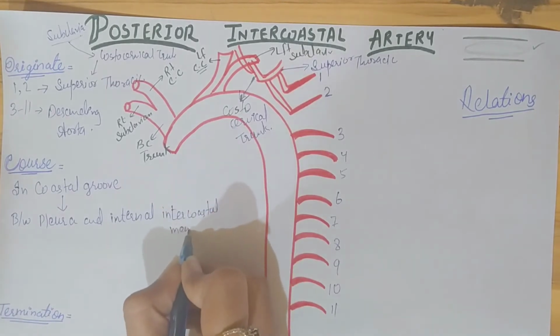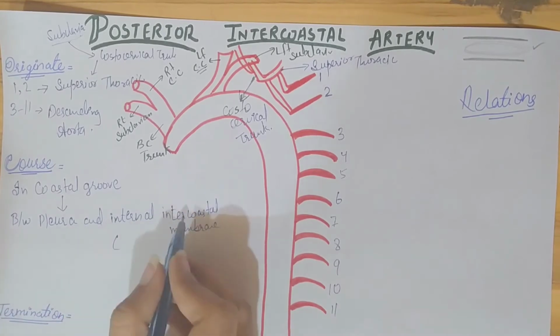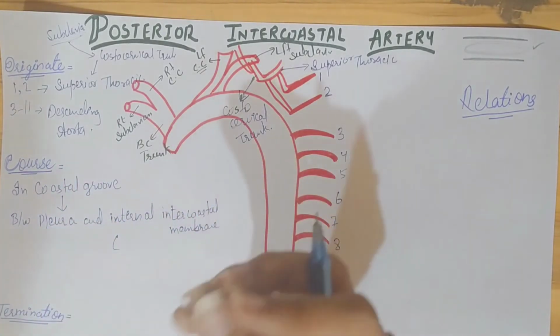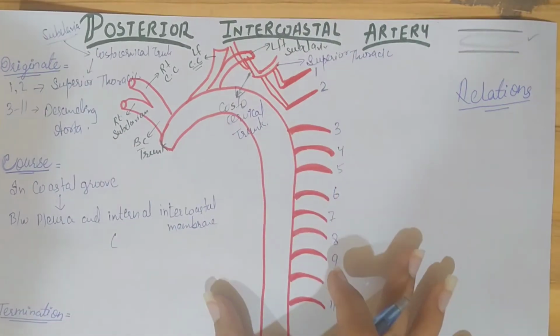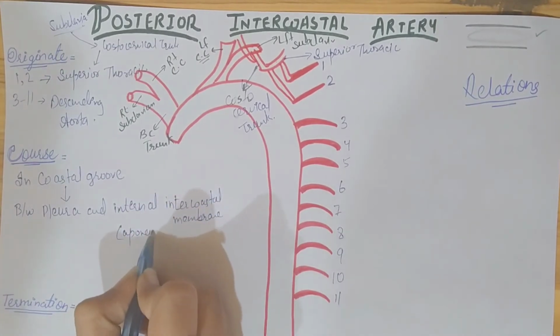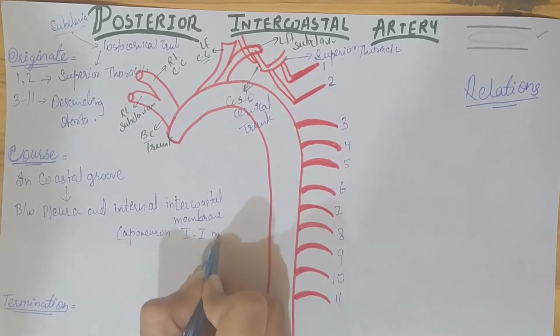At the angle of the rib, the internal intercostal muscle gives the aponeurosis and becomes flat. Aponeurosis is basically the flattened sheath or the flattened tendon, nothing else. So it is the aponeurosis of internal intercostal muscle. Here I am writing I muscle.